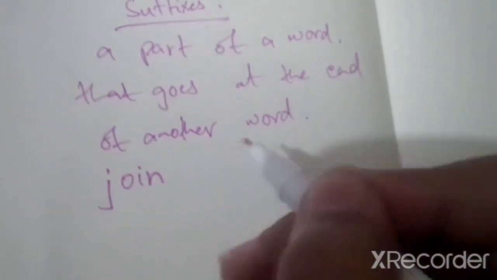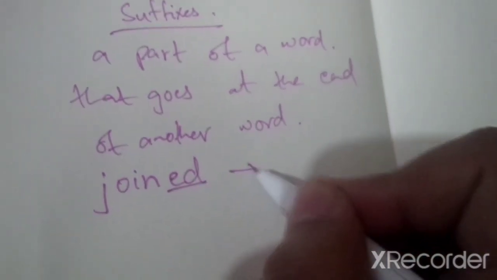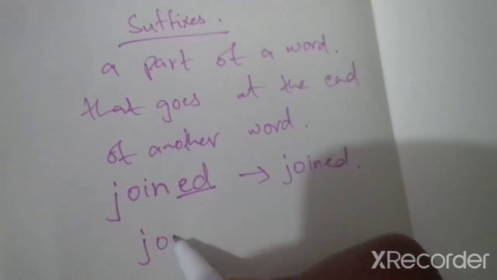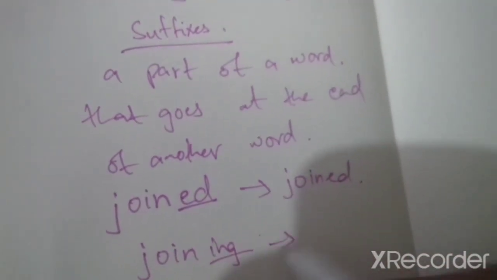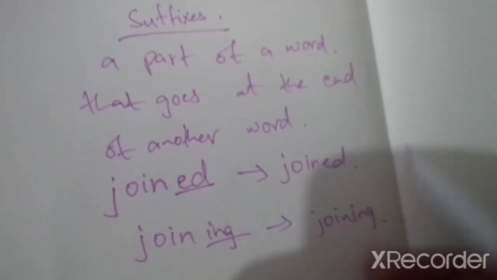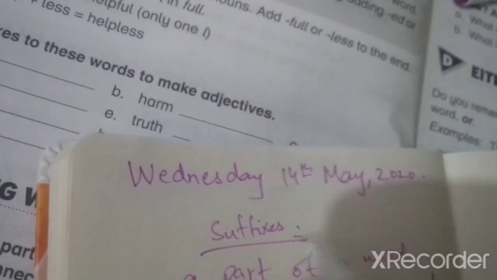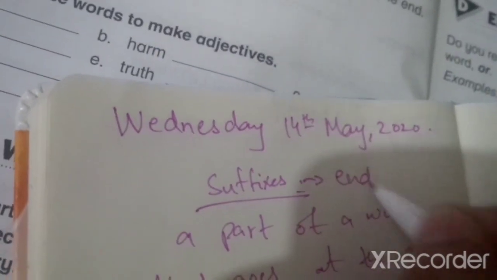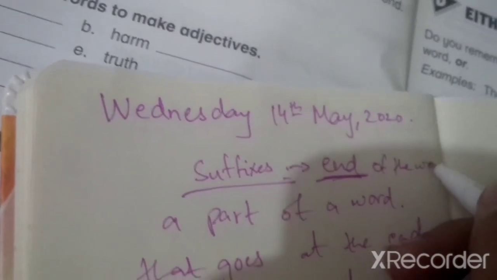Join is the word, and if we add ed at the end of join, it's going to become joined. If we add ing at the end, it will become joining. See, this is how we make new words by adding suffixes. Now a suffix is always added at the end of a word. You have to remember that it's always added at the end of the word.